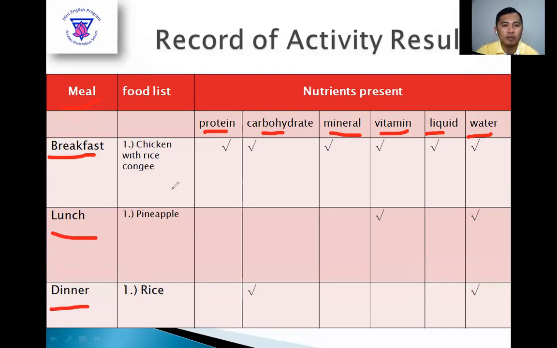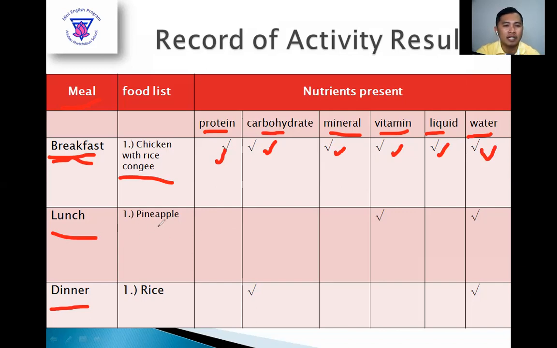Say for example, on breakfast, we eat chicken with rice congee. What nutrients can we get? All right, we can get protein from that, carbohydrate, mineral, vitamin, lipid, and water.